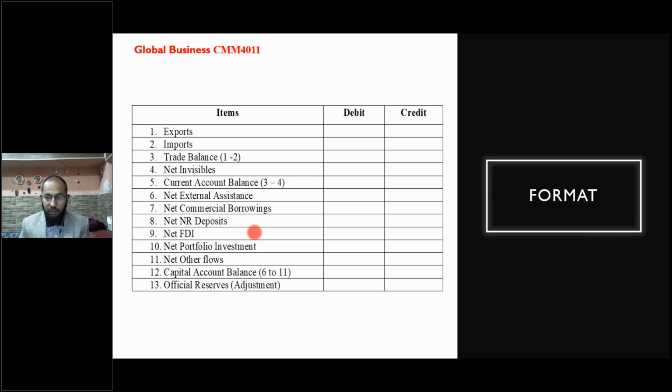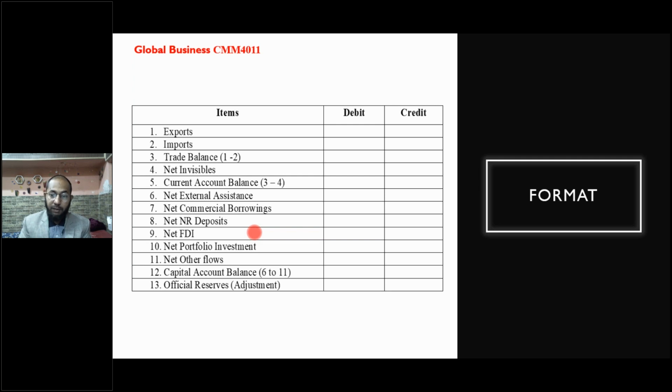If it is at least 10% of the equity... suppose American Insurance Group is putting capital into Tata Insurance Company, and this capital investment is 8% of the total equity of Tata, then this will come under the category of portfolio investment.